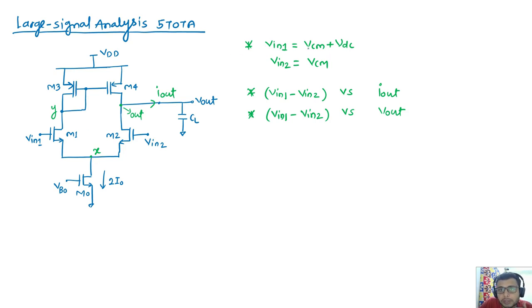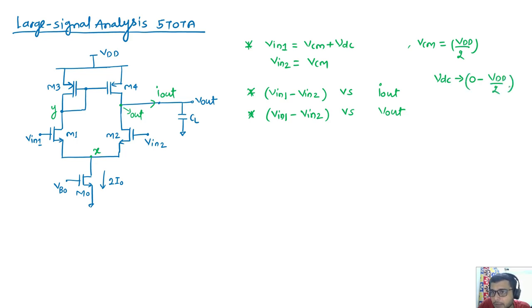So what I will do here, let's suppose VCM is VDD by 2. It is some common mode which is VDD by 2, the midpoint of this supply to ground. And what is my VDC? I will vary my VDC from 0 to VDD by 2.